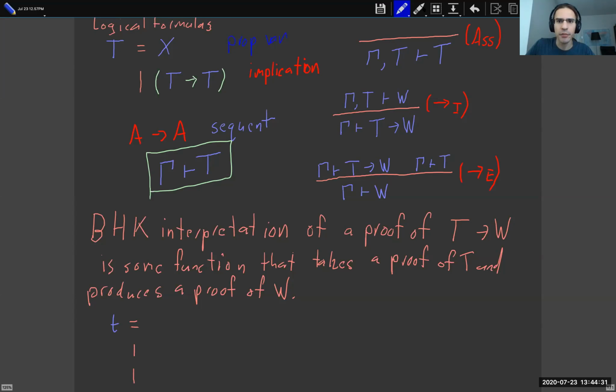It's either a variable, and that syntactic category we just denote by this metavariable little x, although in concrete lambda terms, x would be a reasonable choice to use as a variable.